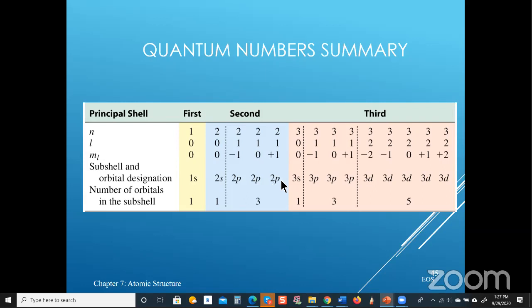Each of them is a p orbital, so they're designated 2p because they're from the second shell, and there are 3 of them. And then you can rationalize what happens when you get to the third shell, fourth shell, and beyond. So that's basically how the orbitals, sublevels, shells, and their designations are based on their quantum numbers.